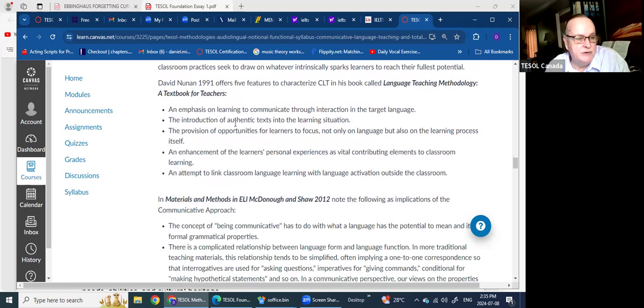It provides an emphasis on learning to communicate through interaction in the target language, the introduction of authentic texts into the learning situation, the provision of opportunities for learners to focus not only on language, but also on the learning process itself, an enhancement of the learner's personal experiences as vital contributing elements to classroom learning, an attempt to link classroom language learning with language activation outside the classroom.